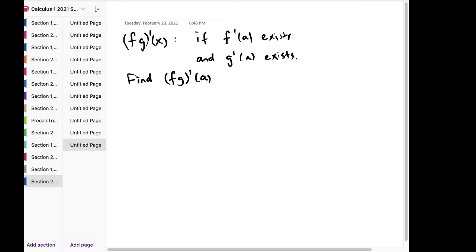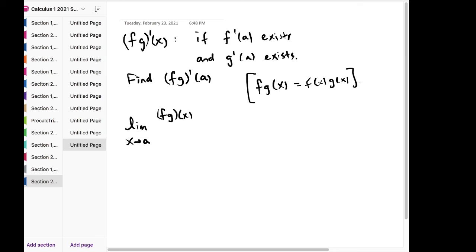So first of all, if you remember, fg of x is equal to f of x g of x, so that's what we're going to be using. And let's do the limit. Limit as x approaches a of fg of x minus fg of a over x minus a.